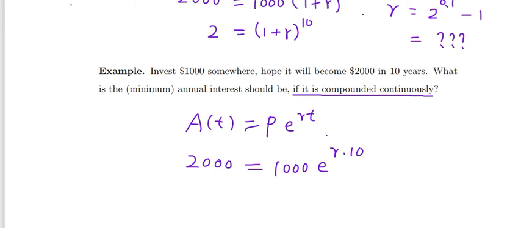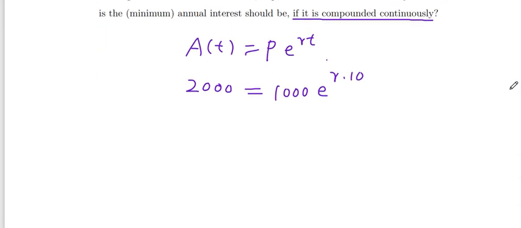Okay, so we have this equation. For this equation, our first step is to simplify. Divide by 1,000. So 2 equals e to the r times 10, so just 10 times r, right? Okay, so we have this equation.